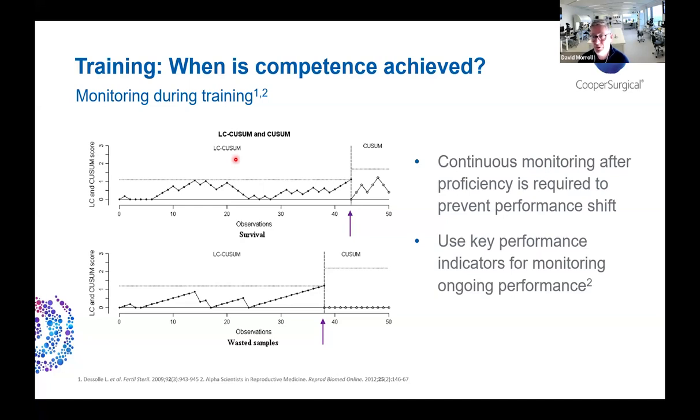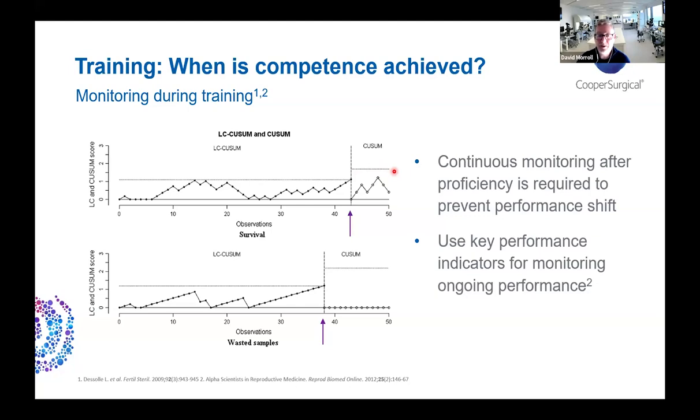So it determines when someone's become competent, when they reach this critical point here. And then what you can do is by maintaining that information, you can see whether they lose their competence. Now in this, they would have to go above this dotted line in the cumulative summation part of the graph, which neither person does in this particular case.